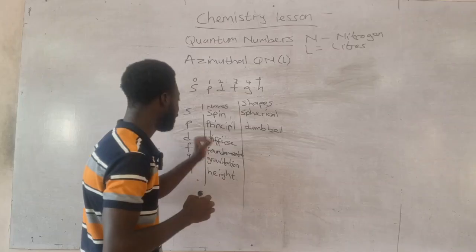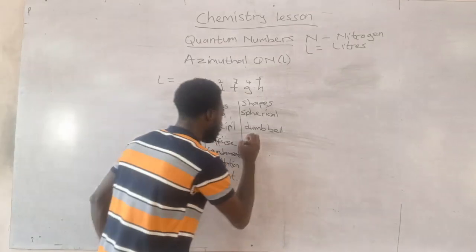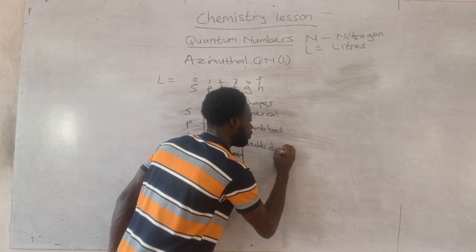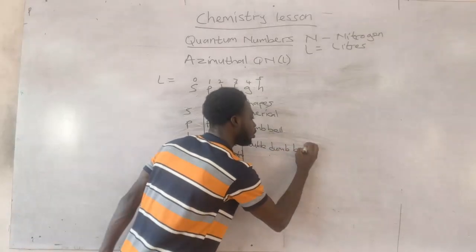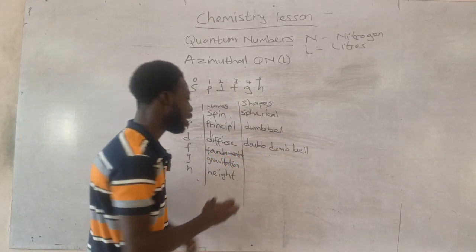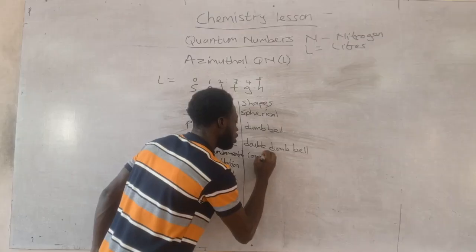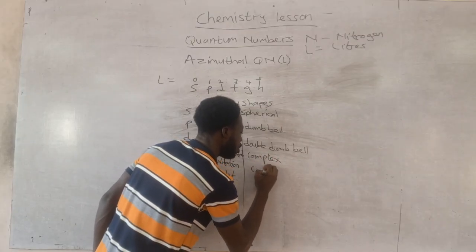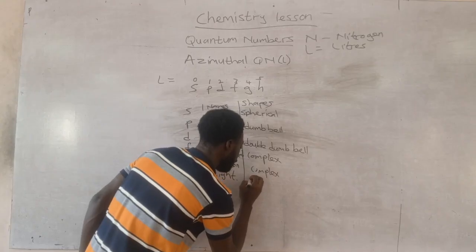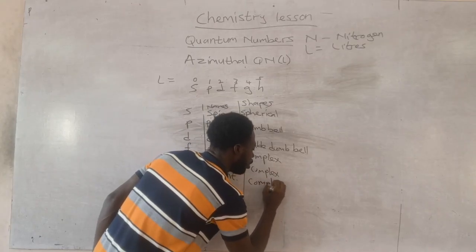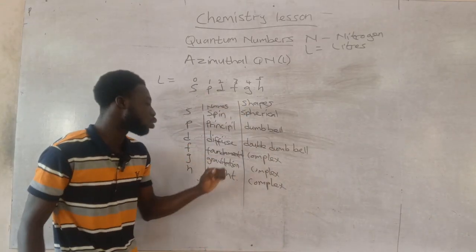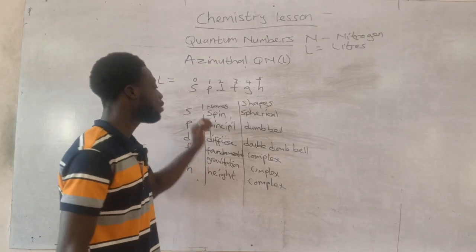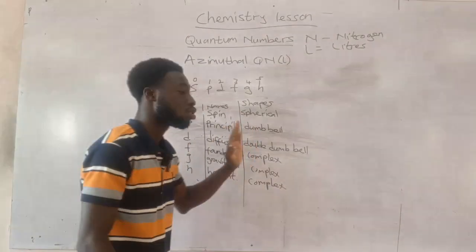The d orbital, the diffuse, has a double dumbbell shape. Then the fundamental is complex, the gravitational is complex, and from the fundamental to the height is complex. So these are the orbitals, their names, and also their shapes.